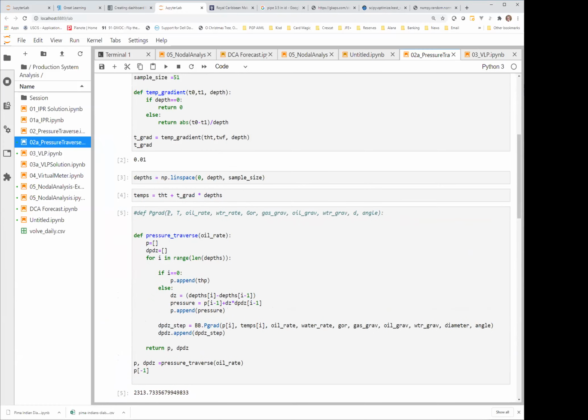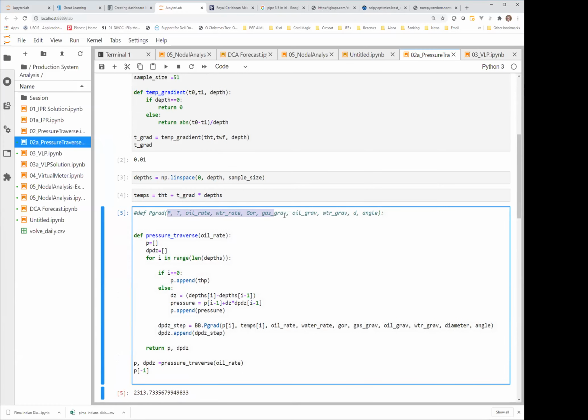And remember that for the input data, we need to calculate this pressure. When we're talking about this pressure, it's tubing head pressure, tubing head temperature, oil rate, water rate, GOR, gas gravity, oil gravity, water gravity, D, which is the diameter of my pipe, and also the angle.